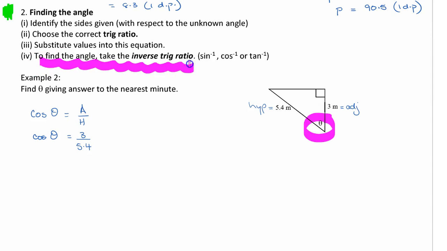It says, to find the angle, take the inverse trig ratio, and in this case, it will be cos inverse. Why? Because we'd identified the ratio that we require is cos.